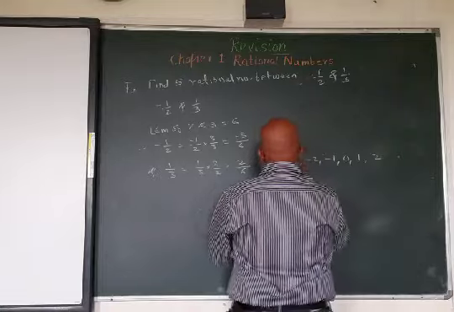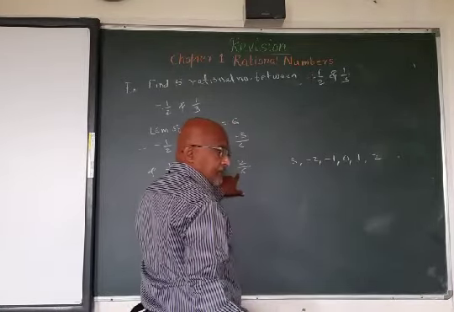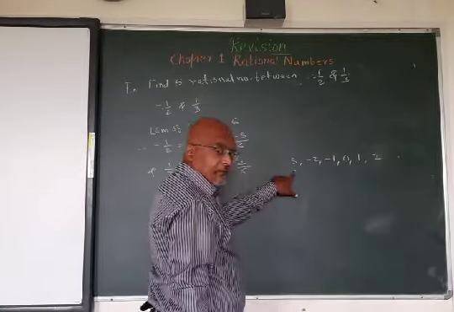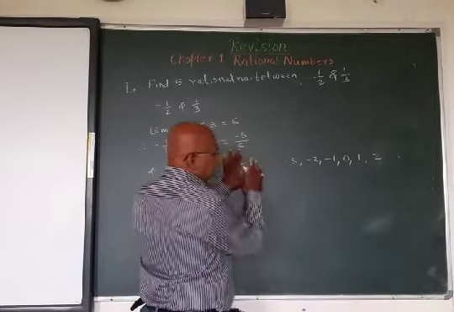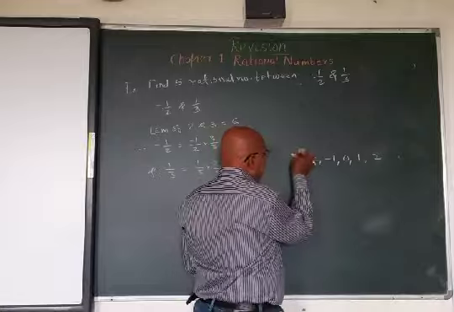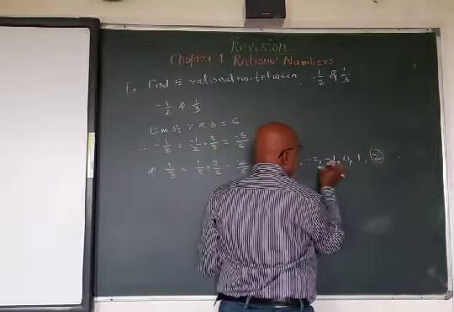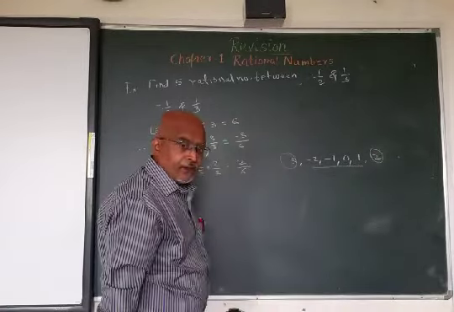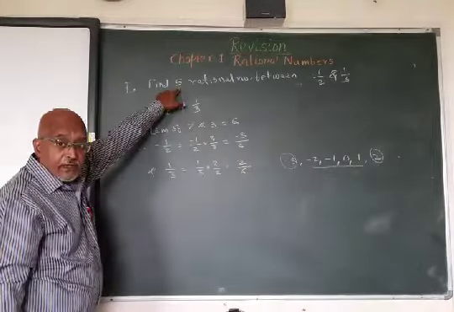So the denominator is the same, so we will not touch the denominator as we have made it the same. But between minus 3 and 2 here, we have only 4 numbers, and we have been asked for 5 numbers.